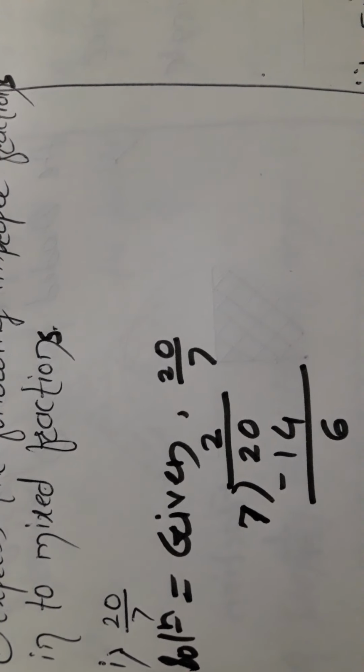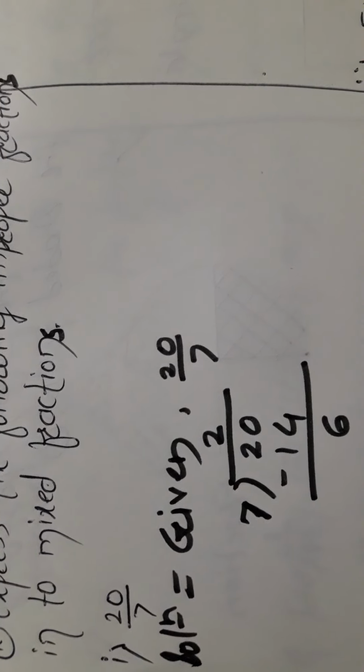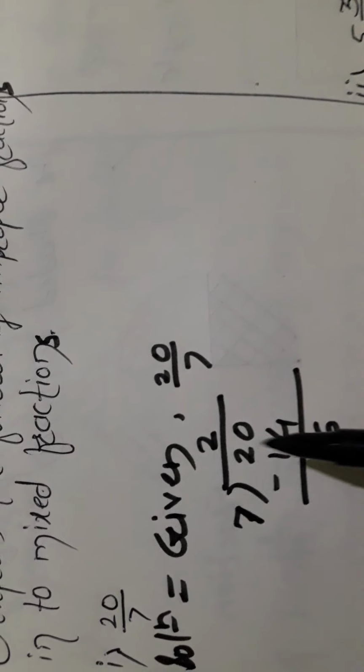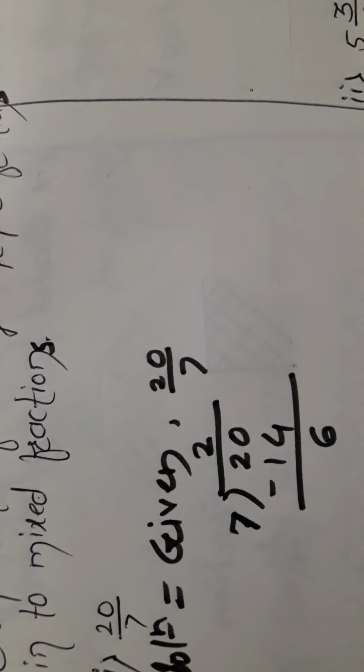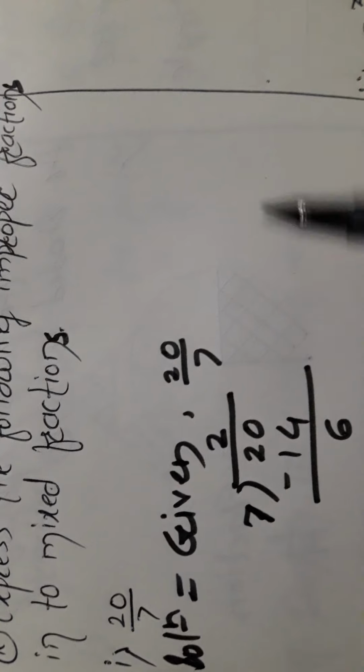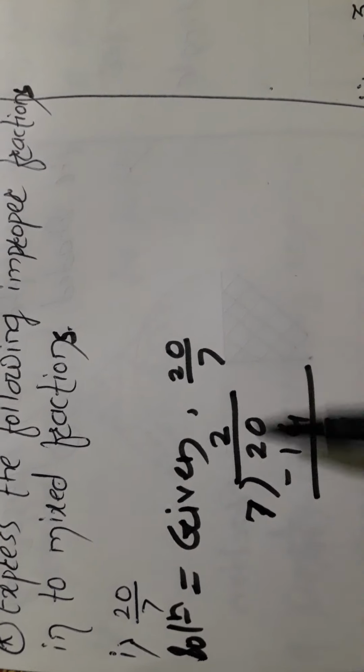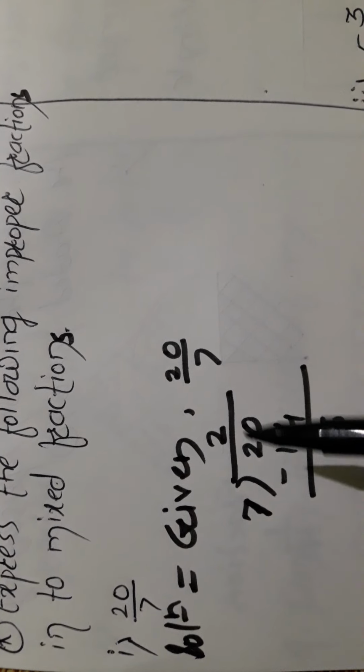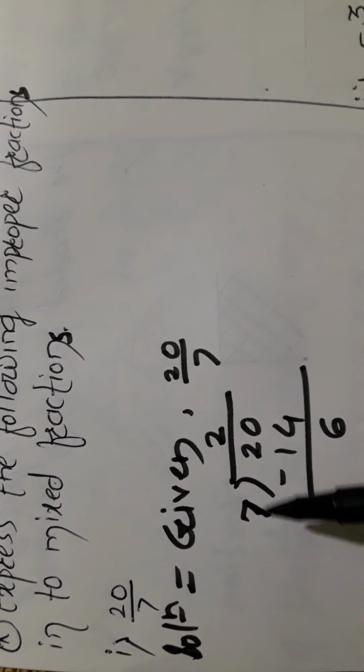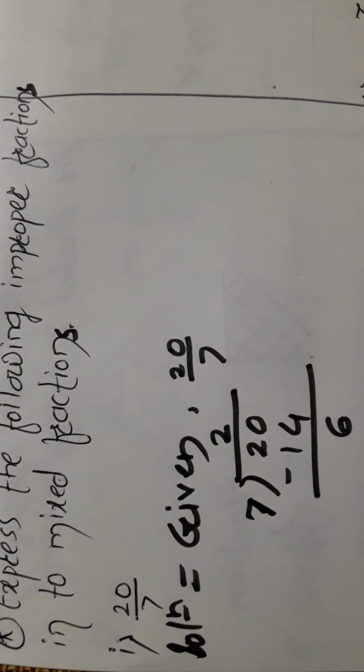Try to understand what I did. 7 threes are 21, but we can't use it because 21 is greater than 20. That's why 7 twos are 14, remainder 6.